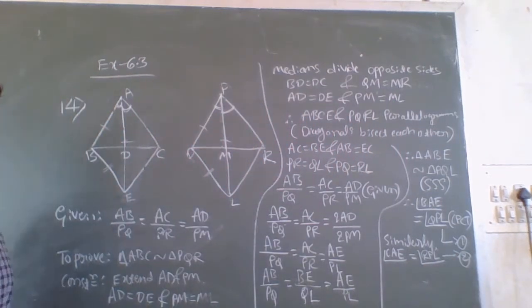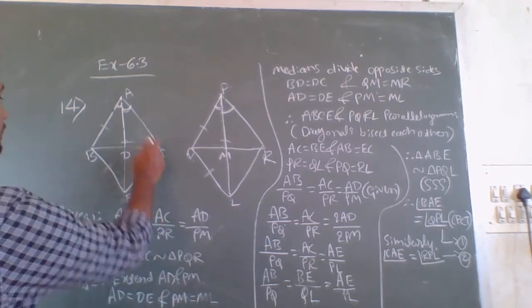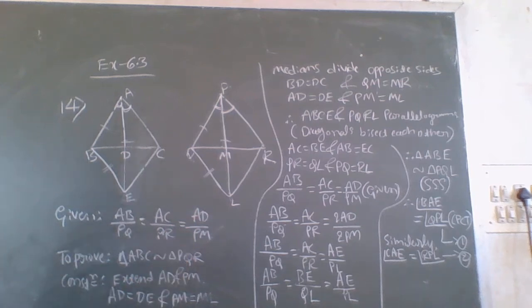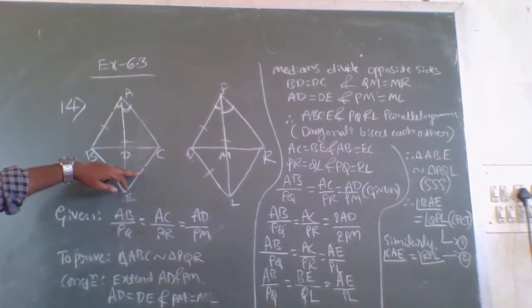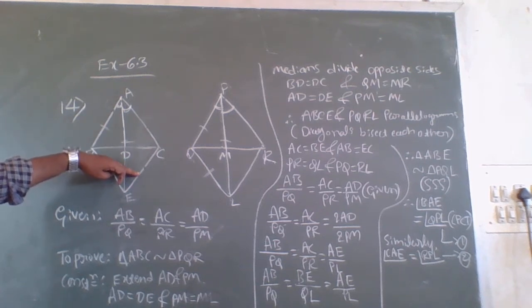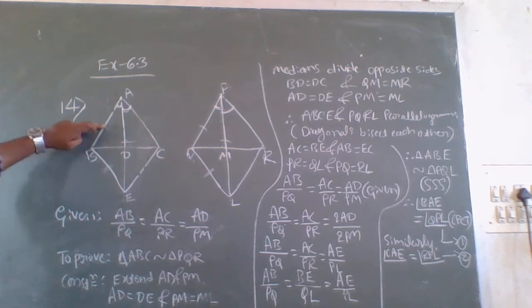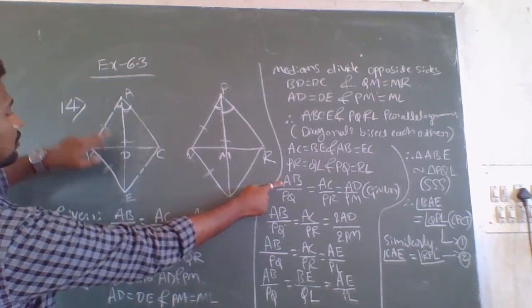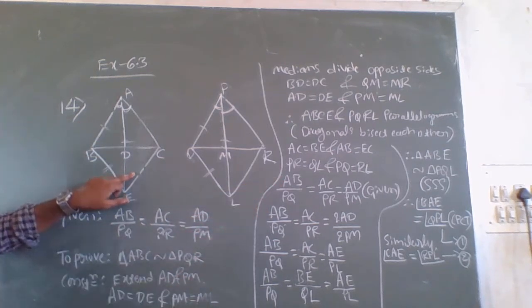So now, if you want to prove angle CAE and RPL, consider the opposite sides. Here AB is parallel to CE. In the place of AB you can consider CE, because you know that AB is equal to CE. Opposite sides are equal.